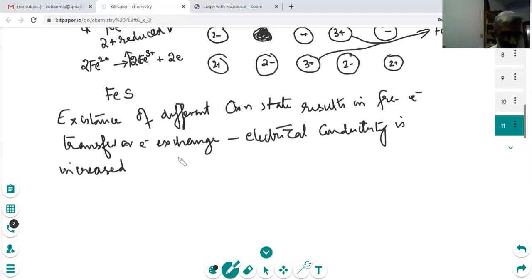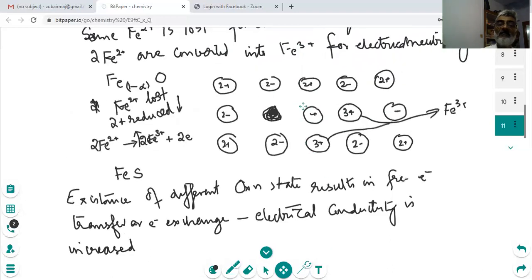So how is this happening? See, these positive holes will get migrated. These are the Fe3+ ions generated here, and the electron is moving to this side. When the electron is moving to this side, see, there is a hole here.